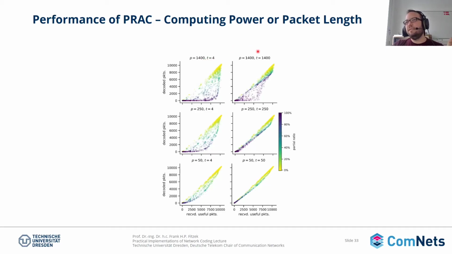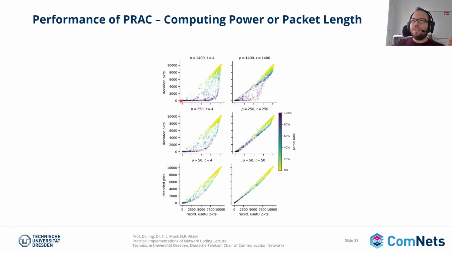And on the right, we have a PRAC that is not limited in computing power. It can use practically infinite computation power to decode. And in this case, we also have a long packet. So this is again the decoded packets as a function of how many received usable packets we have.